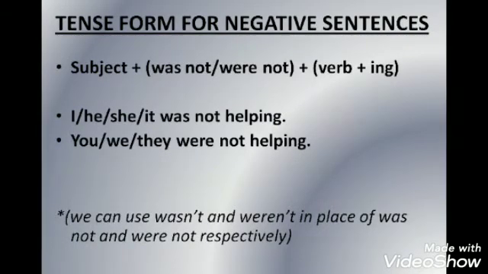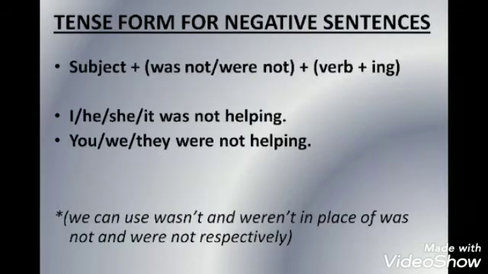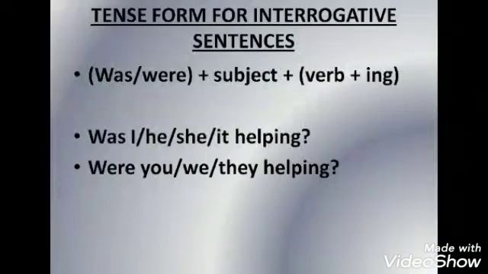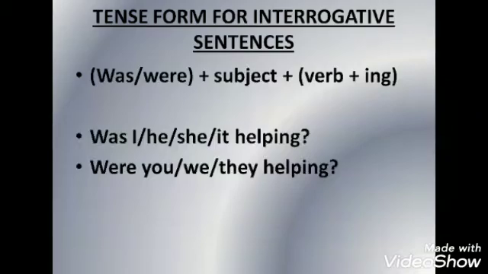We can use wasn't and weren't in place of was not and were not respectively. Next, the tense form for interrogative sentences. Was or were plus subject plus verb plus ing.